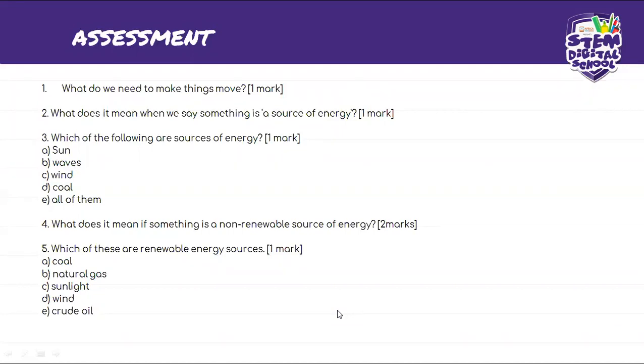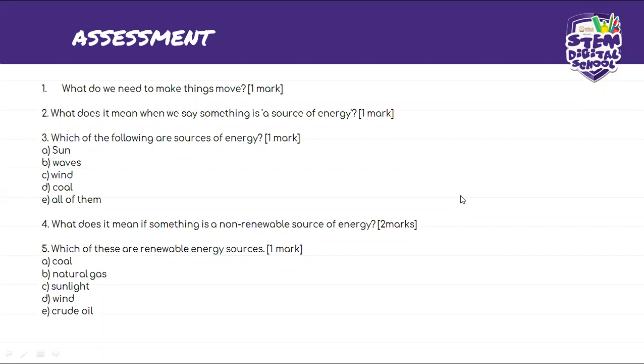Okay, are you guys there? Keep your answers coming. Number one is saying, what do we need to make things move?